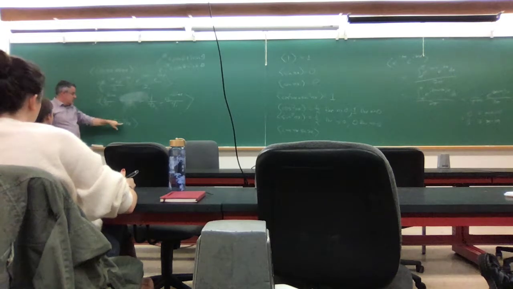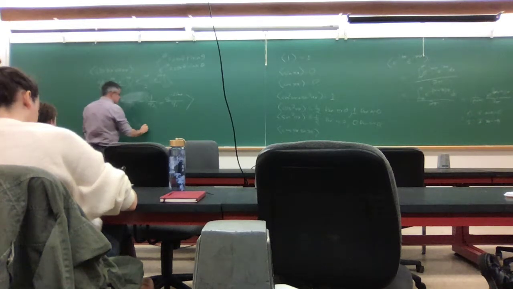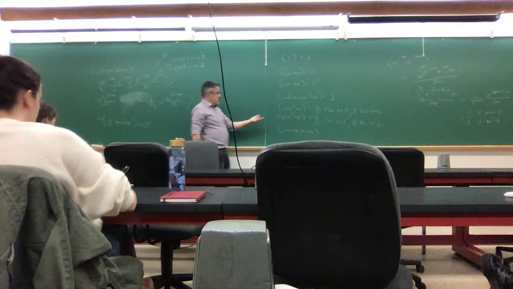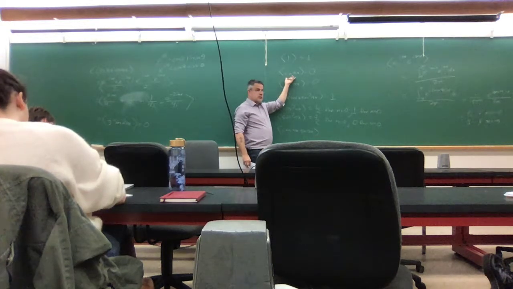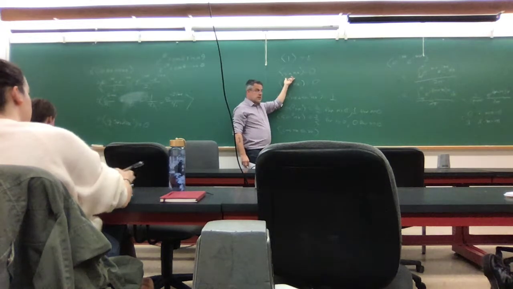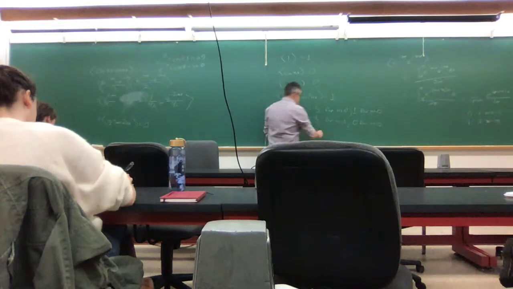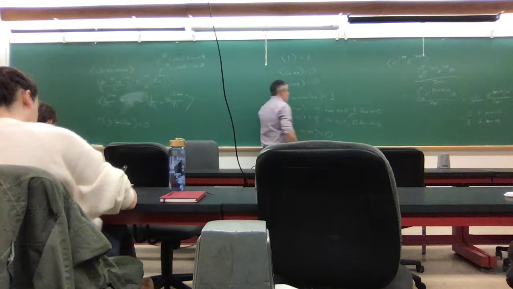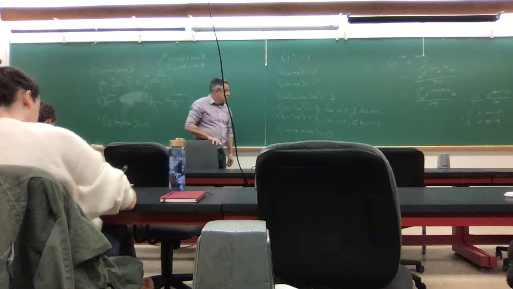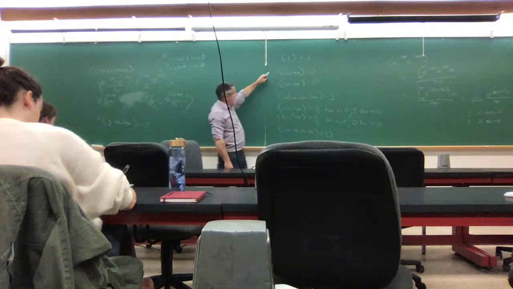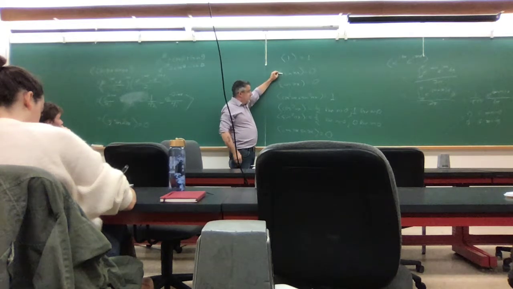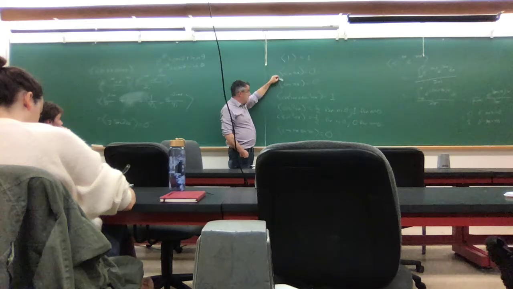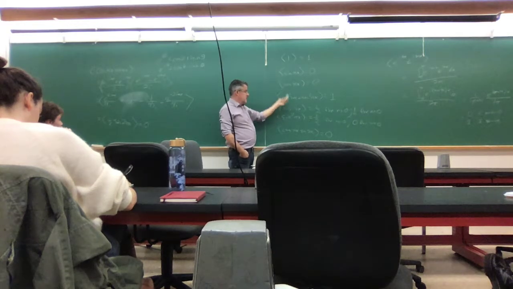Okay? So now what's the average of this? 0. Because this is a special case of this guy. So this one's also 0. So look at what we've got. Any integral of sine is 0. Any integral of cosine is 0.